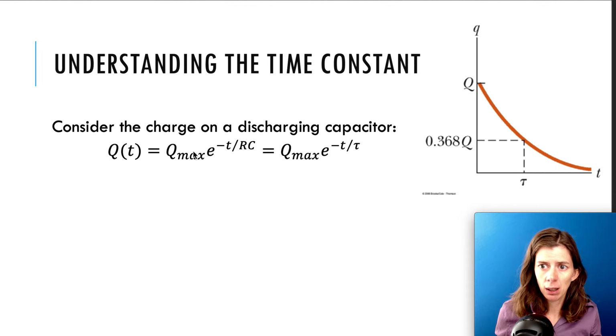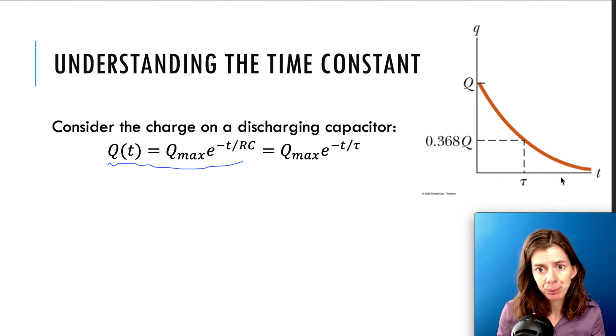Let's look at it a little bit further. Let's look at the charge on a discharging capacitor. We've discussed this equation, this exponential, that shows how the charge varies with time. Now that we have defined RC as tau, the time constant, that's the Greek letter tau, we can replace RC with tau in the equation.